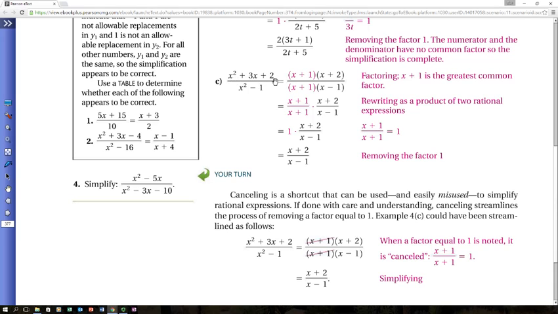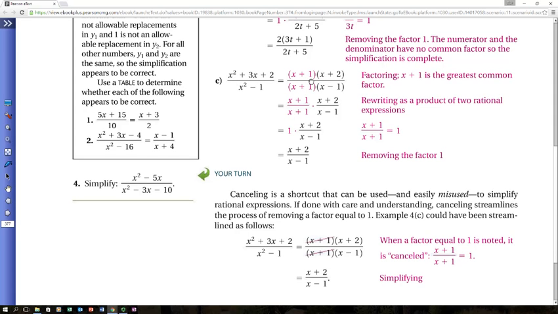This is something squared, but this is not something squared, so I don't have a perfect square trinomial. So then I use grouping or anti-FOIL, which is looking for factors of 2 that will add up to 3, which is pretty obvious. So we rewrite this trinomial as (x plus 1) times (x plus 2).